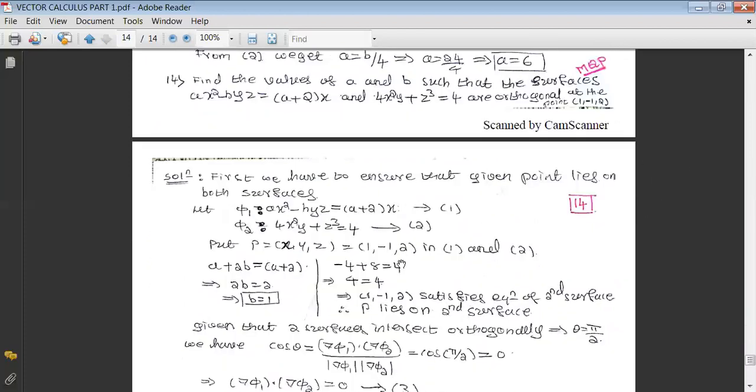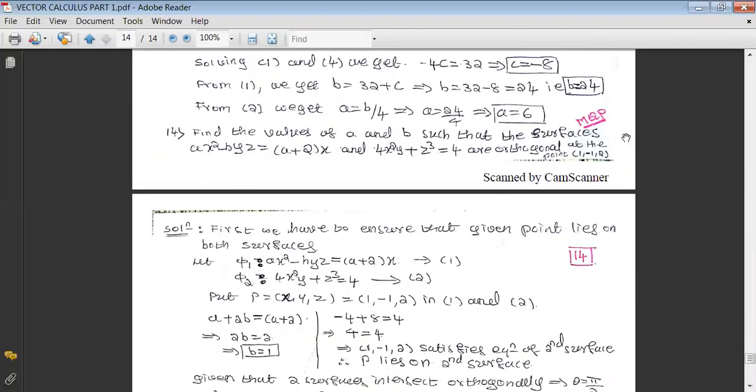Now, in order to find the values of a and b, first of all, we have to ensure that the given point, 1, minus 1, 2, lies on both surfaces. That's why substitute x equals 1, y equals minus 1, and z equals 2 in the equations of both surfaces.